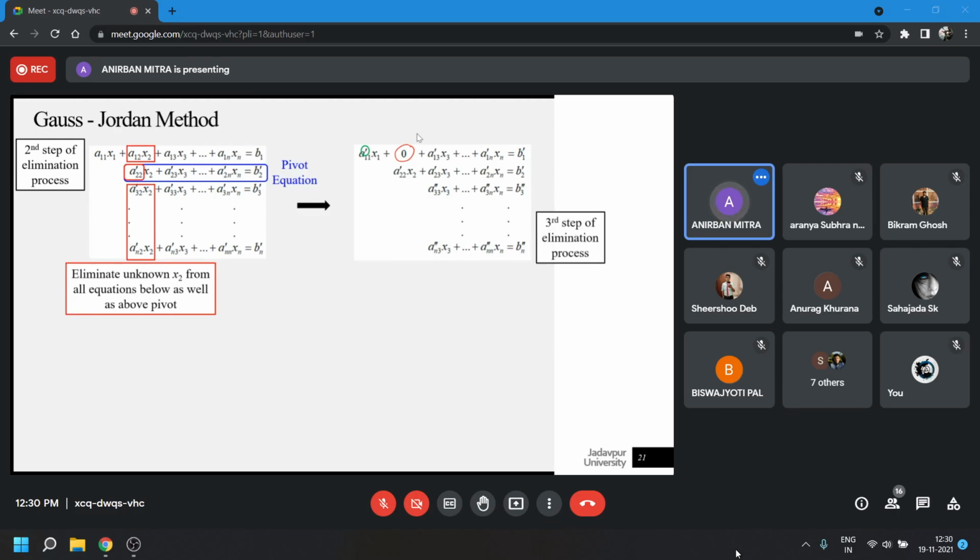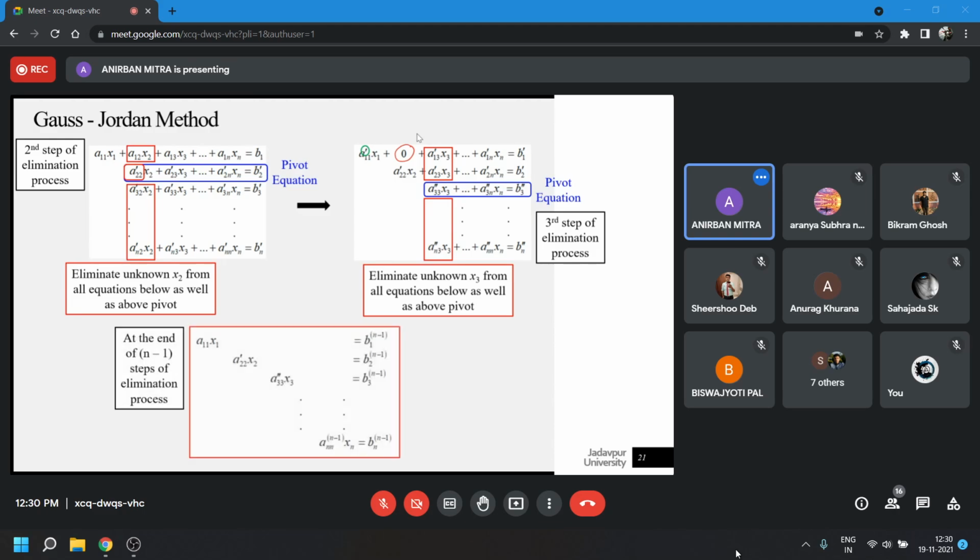In the third step, we'll use the third equation as the pivot, and we'll try to eliminate the unknown x3 from all equations below as well as above the pivot. So at the end of n-1 steps of the elimination process, we have this kind of a setup.